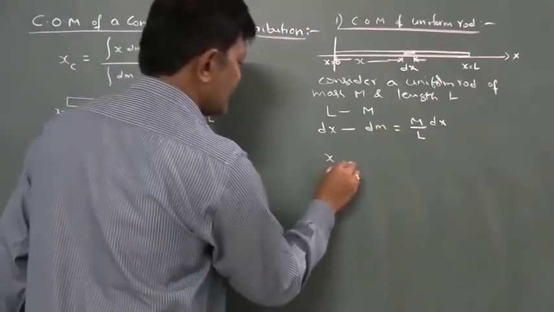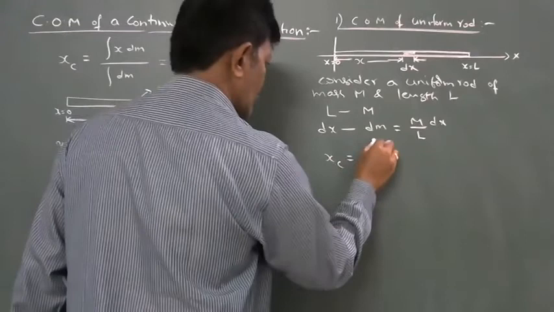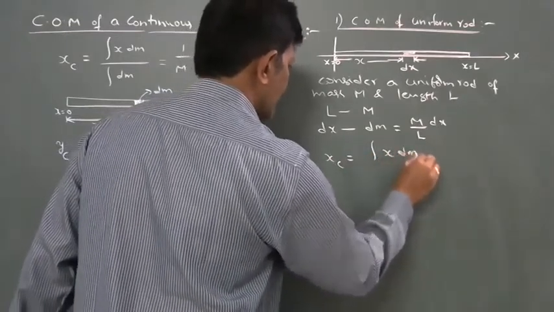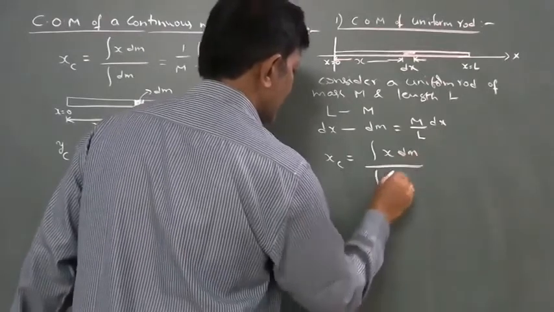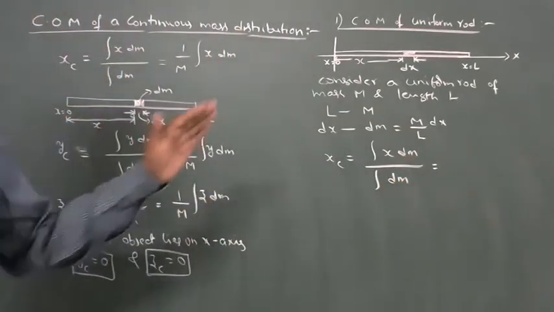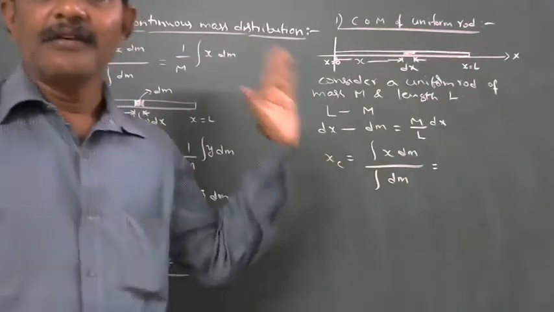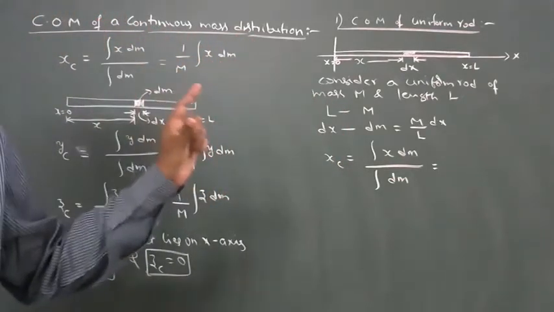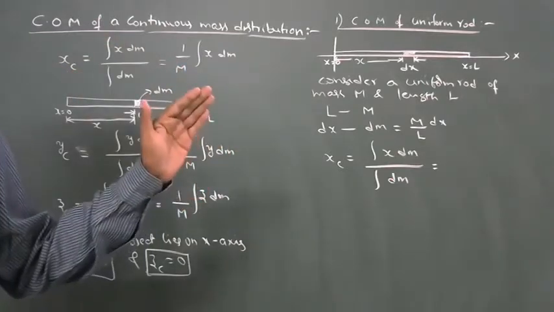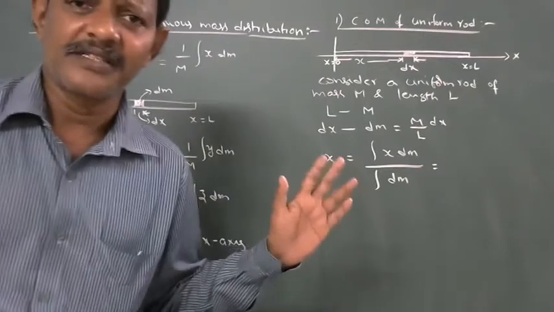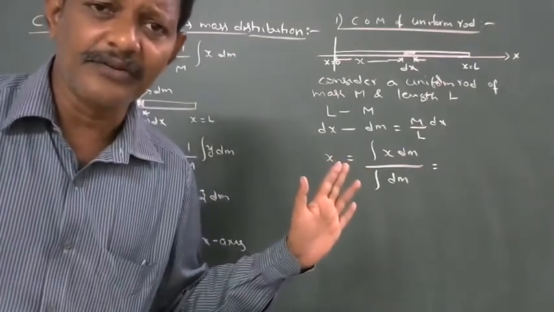Therefore, xc is equal to integral x dm divided by integral dm. Here x is the distance of the element of mass dm from the point with respect to which the center of mass is going to be calculated.